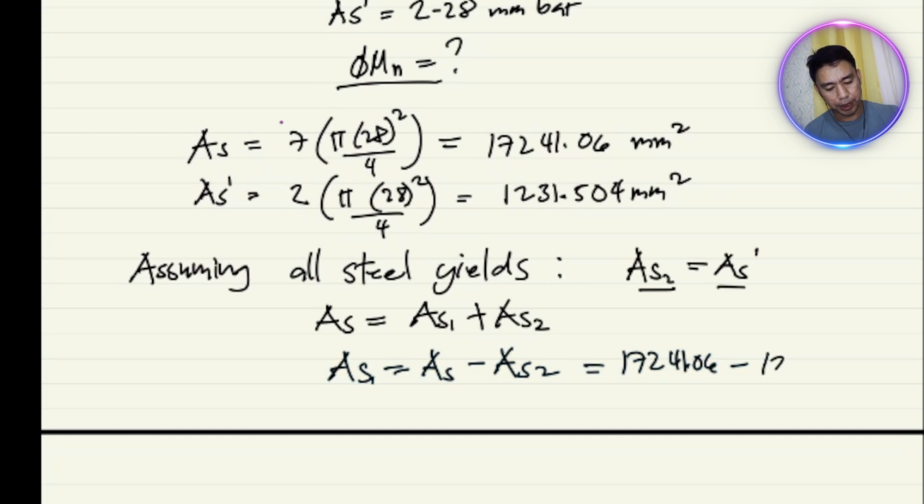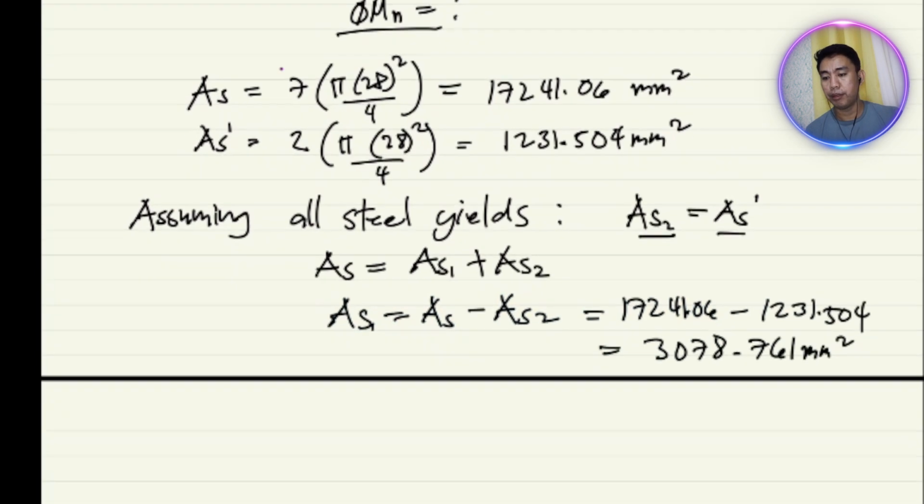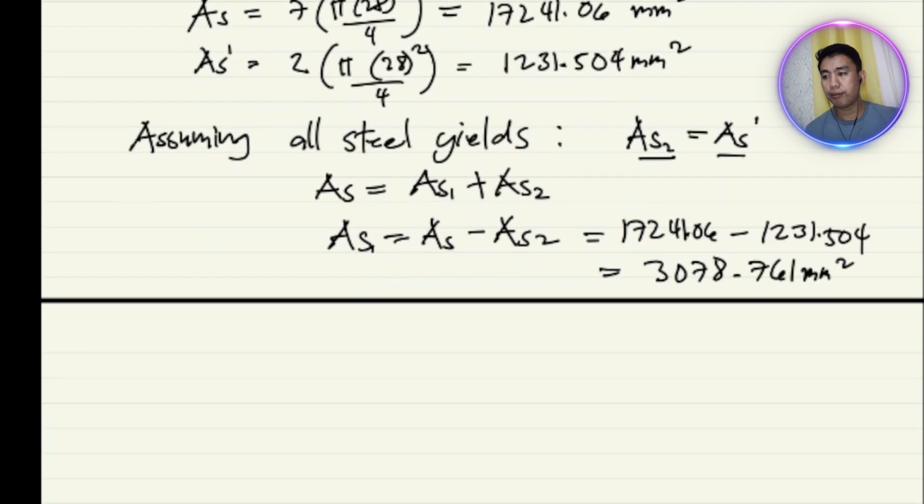So this one is minus 1,231.504. So we will have AS1 is 16,009.556 mm squared.